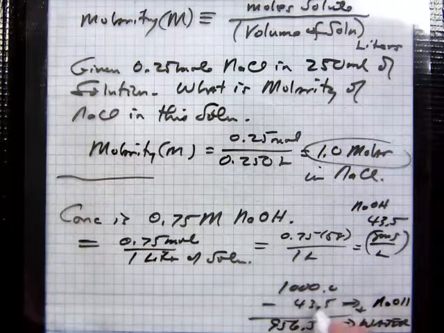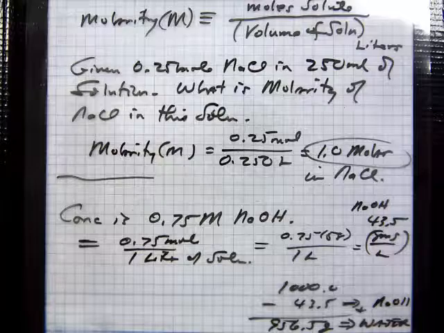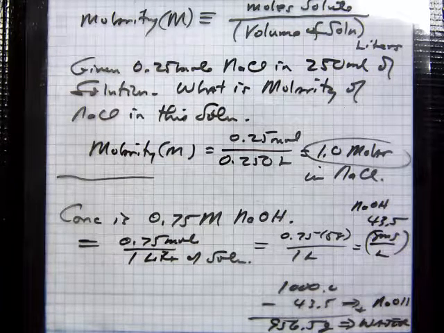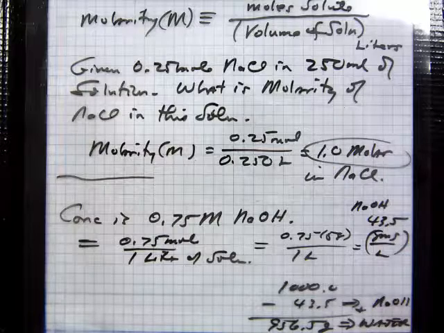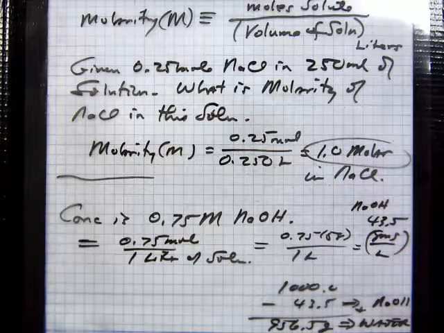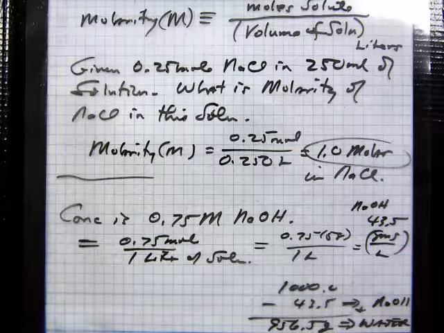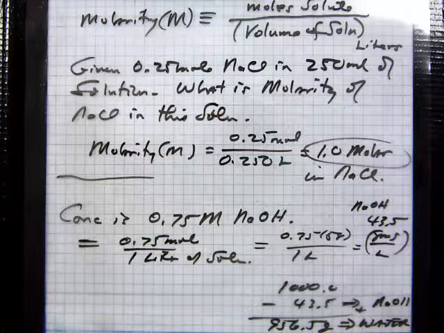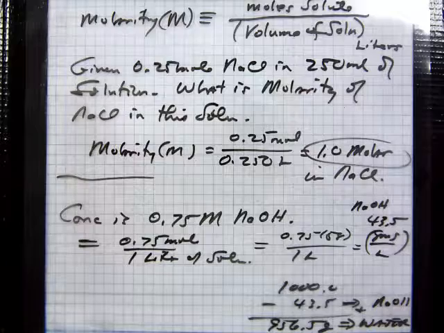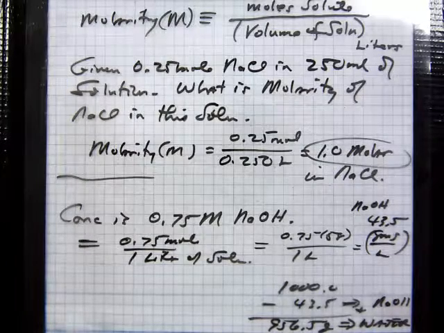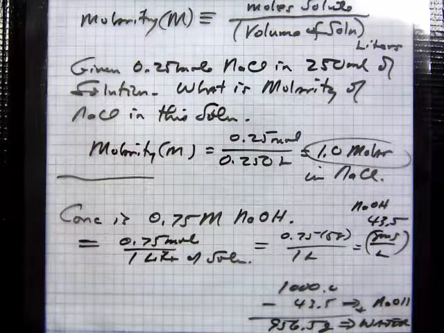Together, they make up 1,000 grams. Well, 1 liter is 1,000 grams. In these kinds of problems, we're not going to go to super concentrated systems. So it's 1,000 mL. 1 mL of water is 1 gram. So yeah, that's a good point to make, bud. Thanks.